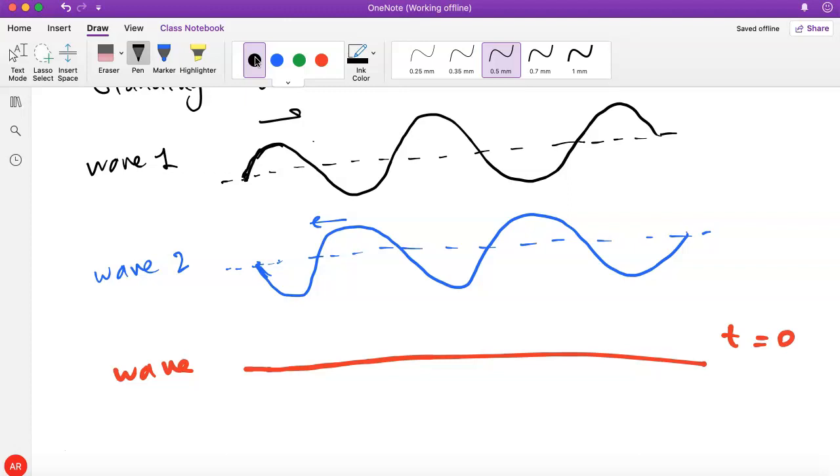Okay. So now what happens when, let's say, a quarter of a period has passed, right? So after a quarter of a period, this guy moves over here, right? The period is from here to here, right?